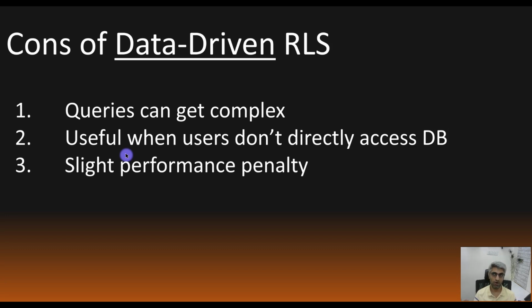But as and when all of this increases, you have more tables, more joins, more data, then definitely these problems become bigger, right? They become bigger to a point that you just can't handle it with data-driven, and you'll have to switch to something else. Either you increase your database resources, or you switch to a database-based RLS.